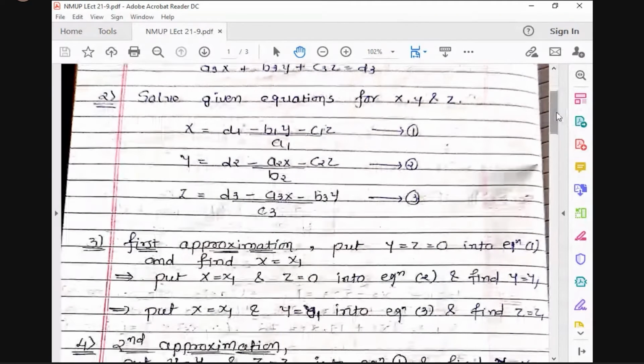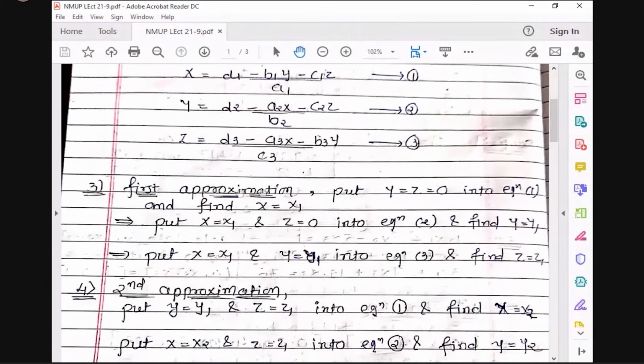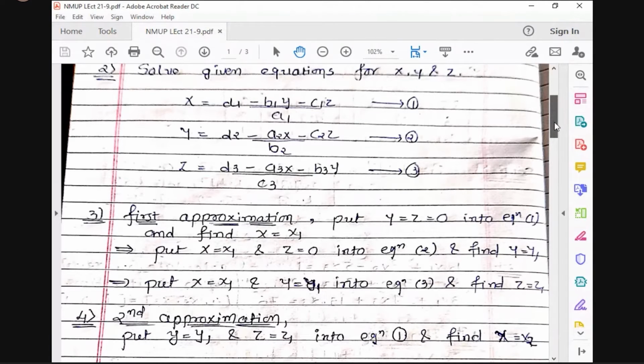That is what we have to do first of all. Now in the second step, we go with the first approximation. In this first approximation, we want to find the value of x.